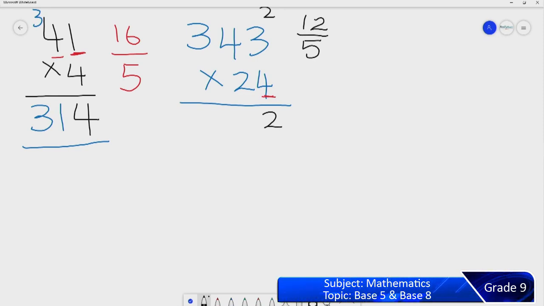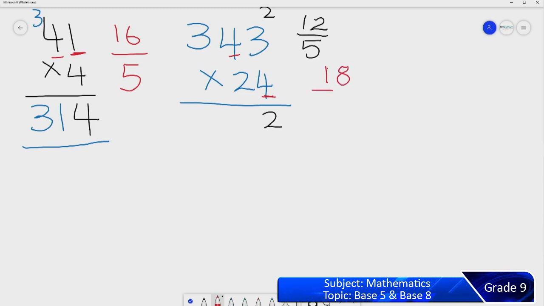Next, 4 multiplied by 4 gives us 16. And we had a little 2 floating around, so we have to add it. 16 plus 2 gives us 18.